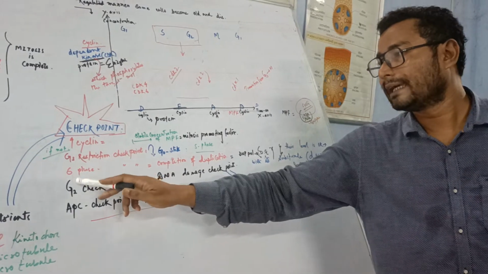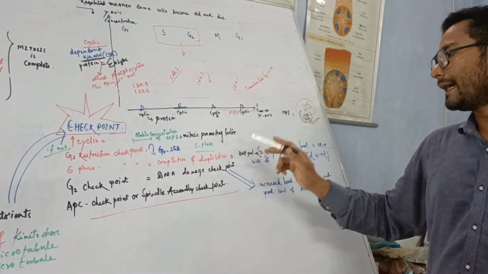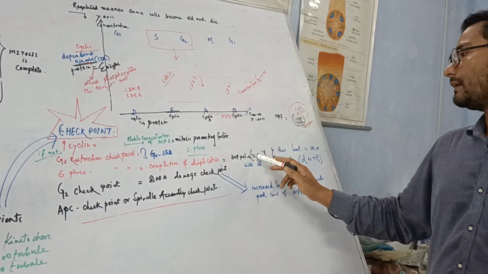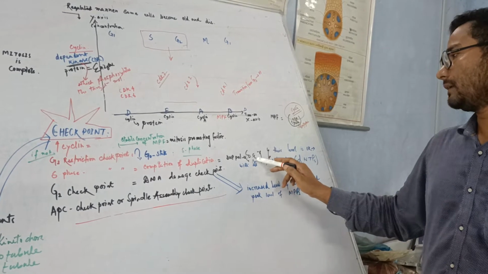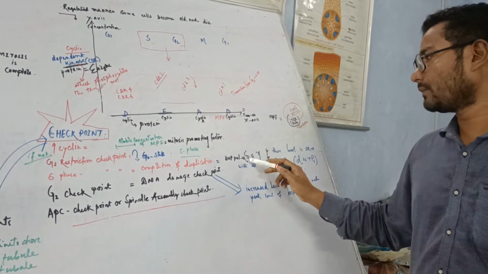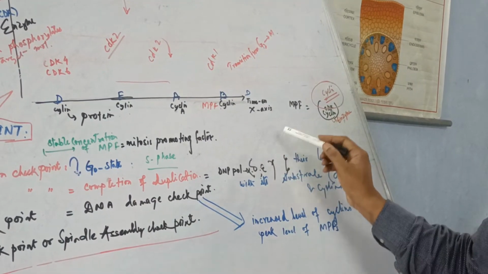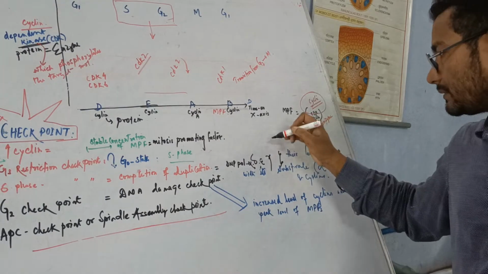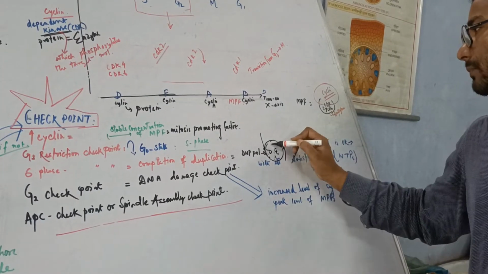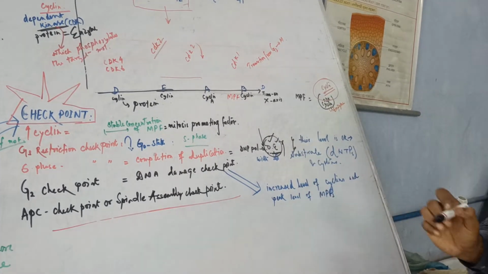Next is the S phase checkpoint, where completion of the duplication of the DNA double strand is checked. For DNA there are polymerases alpha, delta, epsilon, gamma and zeta. Alpha will synthesize the primer, and delta will synthesize the leading and lagging strand.